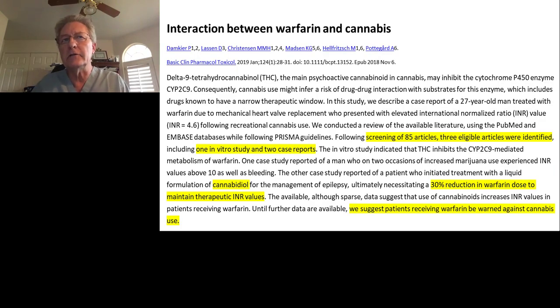Now, 2 interactions that I want you to be aware of is one with the anticoagulant warfarin.